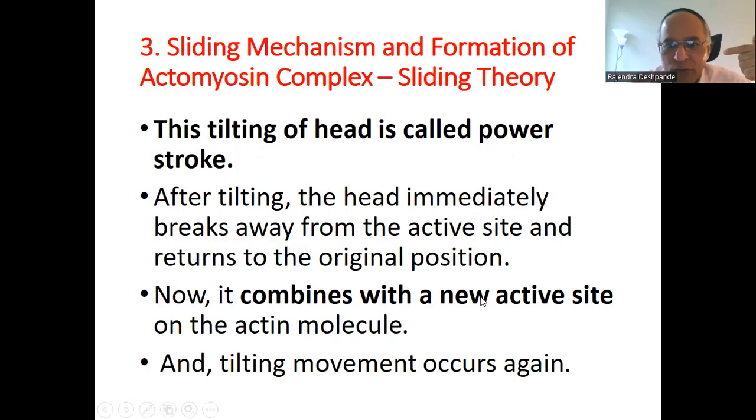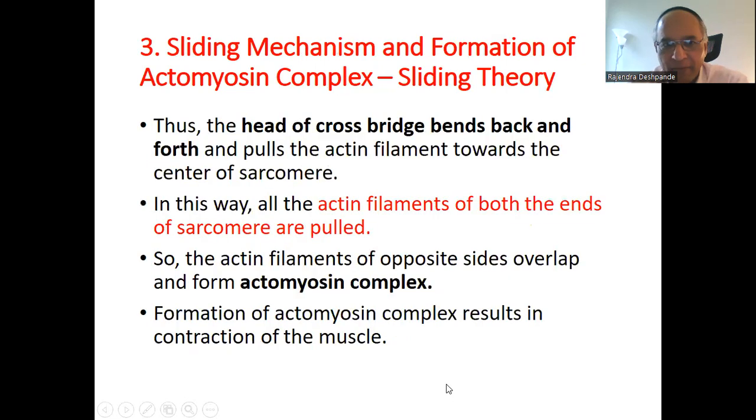Now it combines with a new active site on the actin molecule and tilting movements occur again. Thus, the head of the cross bridge bends back and forth, and pulls the actin filament towards the center of the sarcomere. Where is it pulling? Center of the sarcomere.